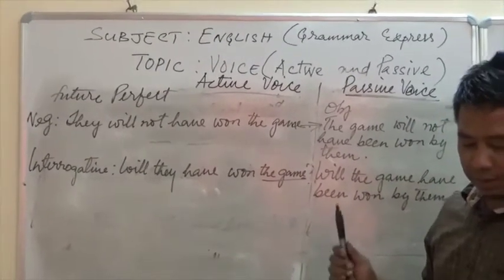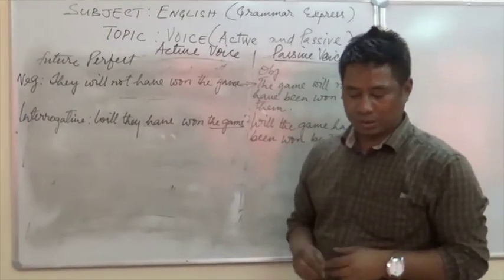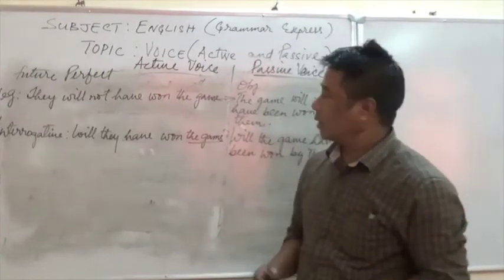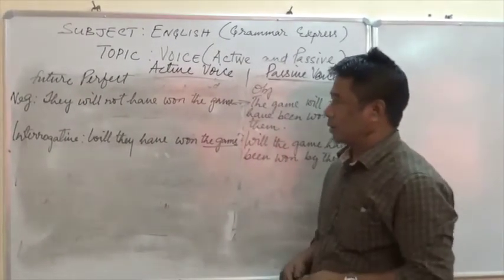So as you have seen, there are 8 tenses which can be changed into a passive voice. So those are the 8 tenses which we can change into a passive voice and how it is changed.